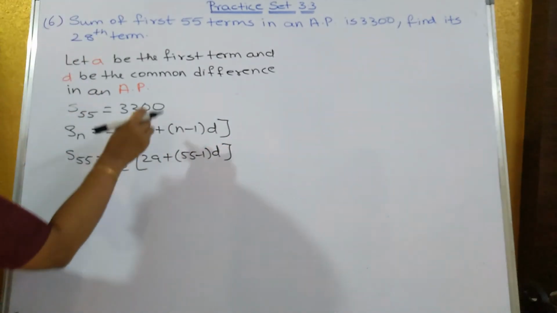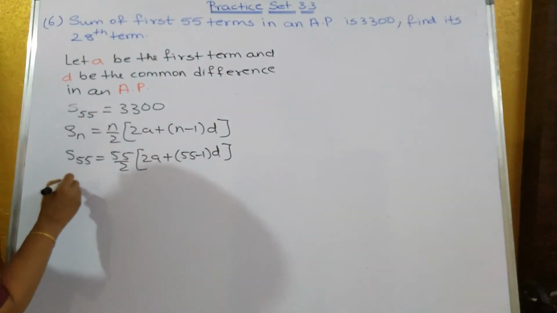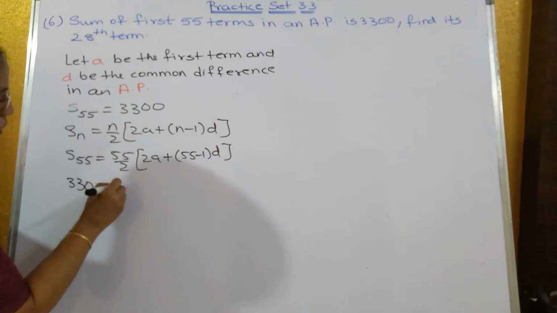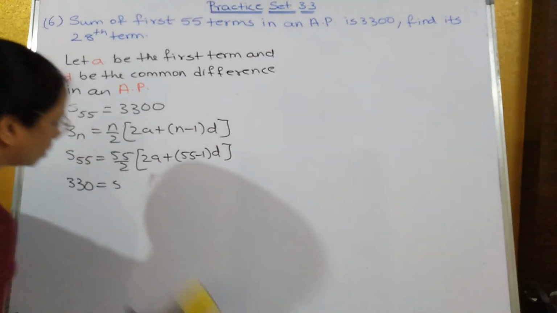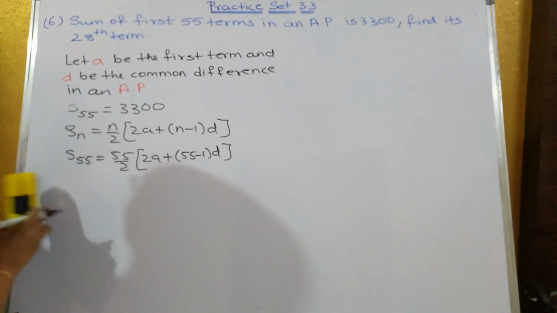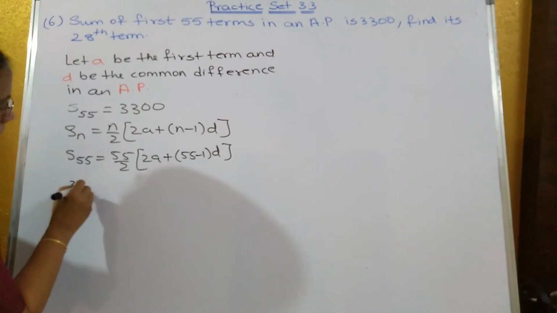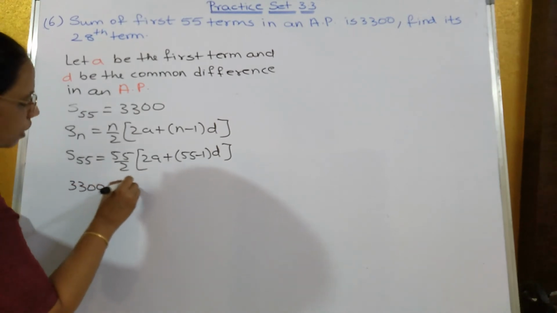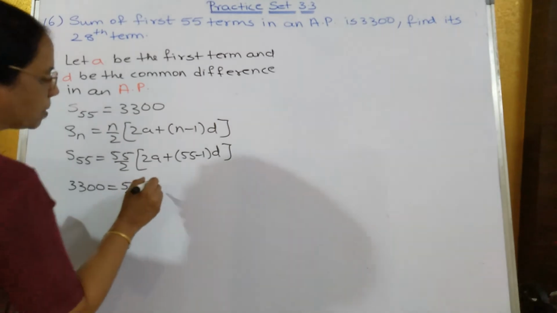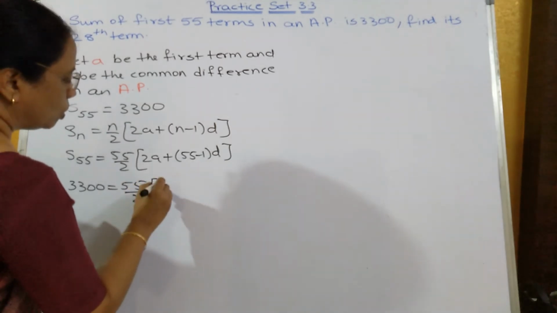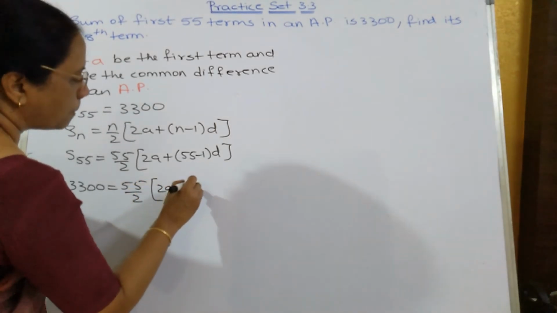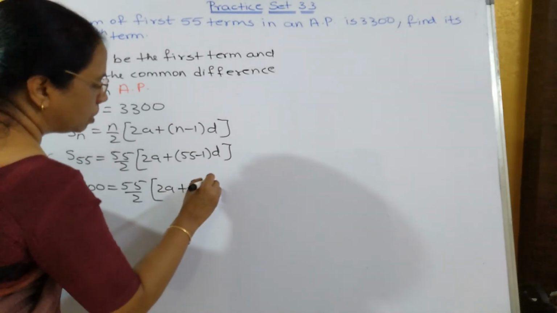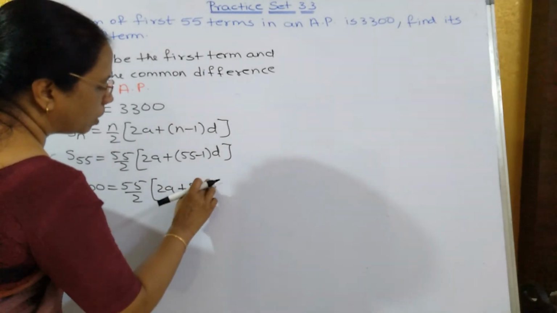Now S55 is already given as 3300, so 3300 is equal to 55 upon 2 into 2A plus 54D.